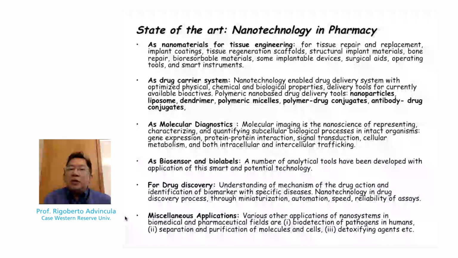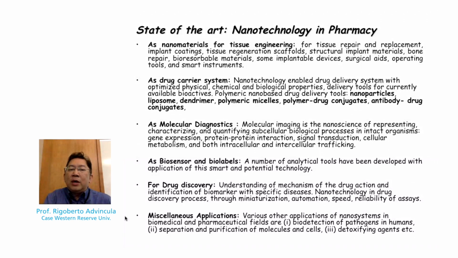There's a lot of polymers that are used to enhance imaging and targeting, whether it's protein-protein interaction or signal transduction or intercellular trafficking. Certainly with biosensors and biolabels, this can be in the form of materials that are introduced or different types of biomaterials that are found in transducers.